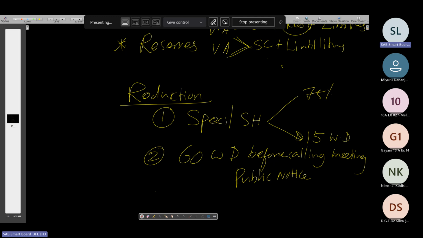But here, public notice is to be given if there is a reduction. So 60 working days before calling the meeting to pass the special resolution to approve the reduction, the company has to give a public notice.